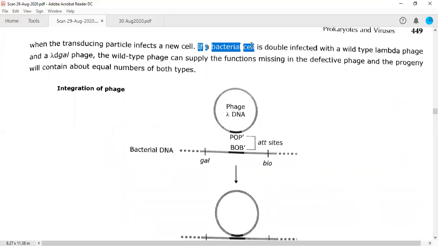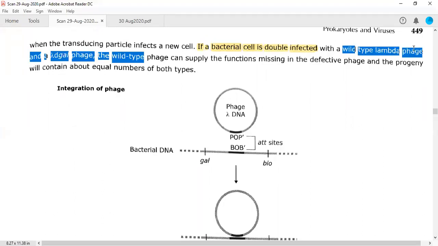If the bacterial cell is double infected, meaning two viruses at the same time infect the same bacterial cell, with a wild type lambda phage and a second one that is the defective gal phage, then because one is defective but the wild type lambda phage has all the genes, the wild type phage can supply the function missing in the defective phage.